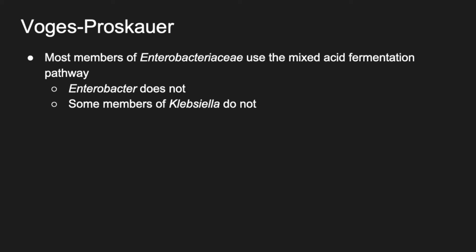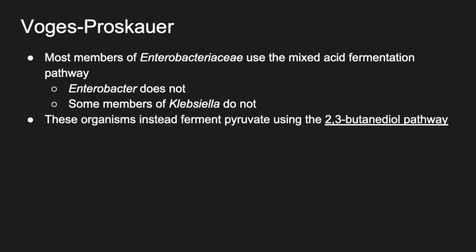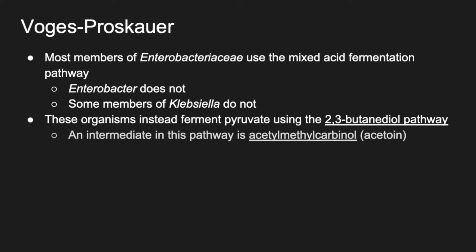So what these organisms do, instead of the mixed acid fermentation pathway, is ferment pyruvate using the 2,3-butanediol pathway, which we mentioned a little bit just a few minutes ago. An intermediate in this pathway is acetylmethylcarbinol, or acetoin.